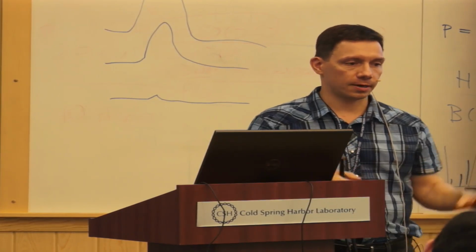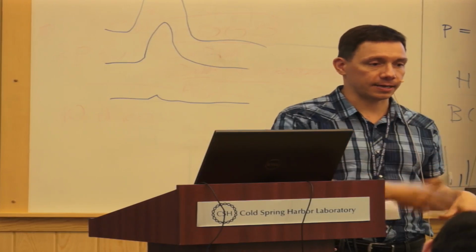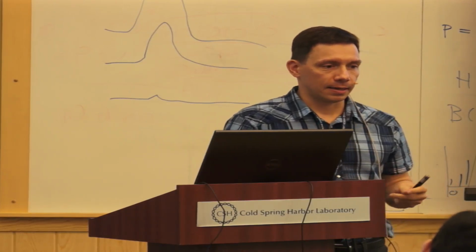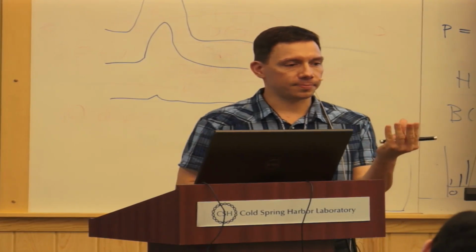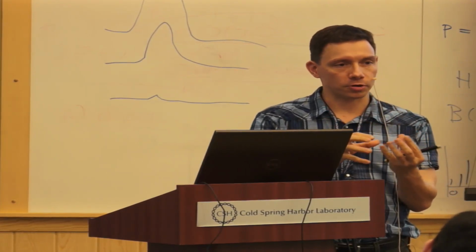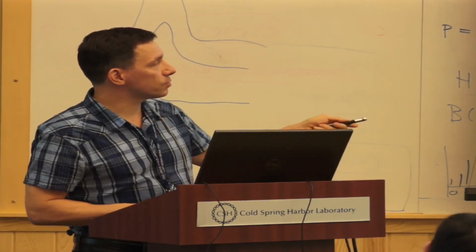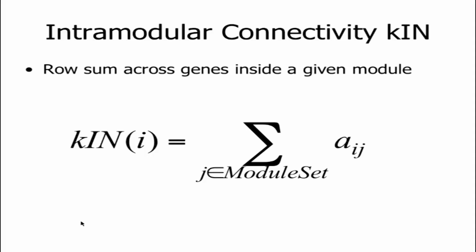There's a football club, there's the basketball club, there's the chess club and the science club, for example. And then intramodular hubs are really the kids that are most popular within these different modules. It's the number of friends that you have with respect to the science club. That's your intramodular connectivity.